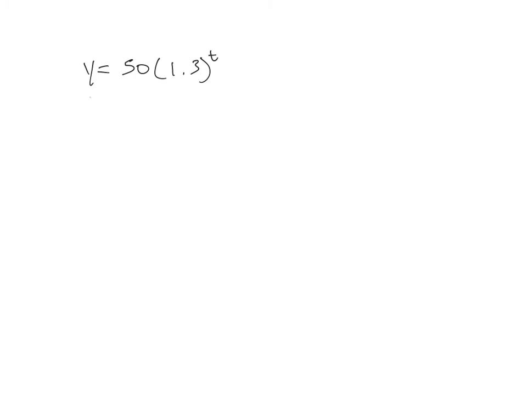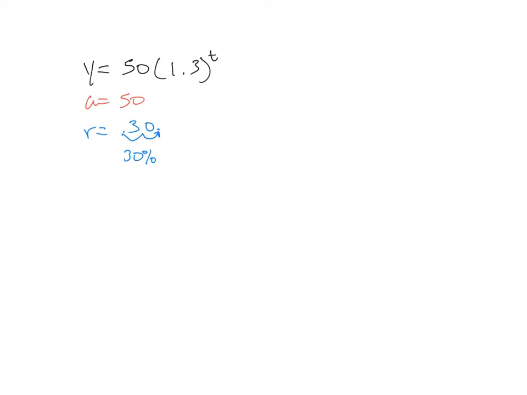Okay, so our initial amount is 50, and our rate on this one is just 0.3. But remember what I said, move the decimal 2 spaces. So if the decimal ends up over here, I got to fill in the blank, and it's really 30%.